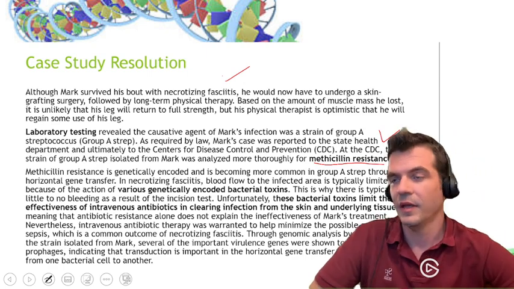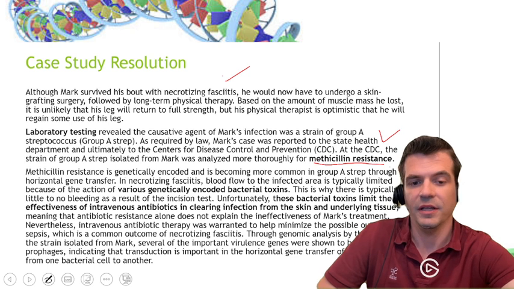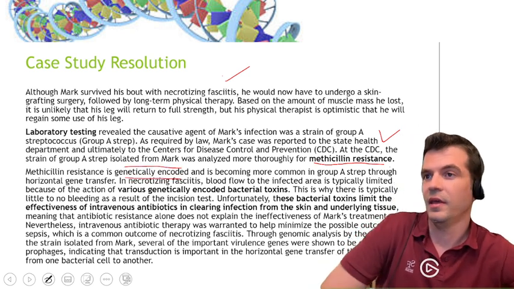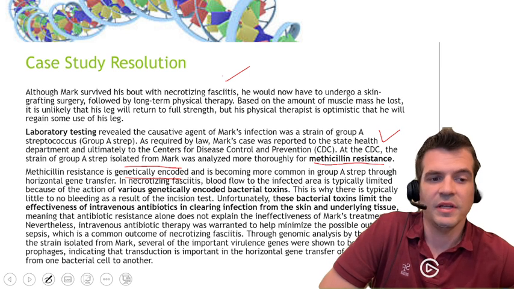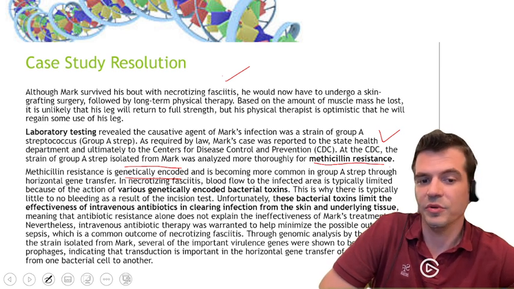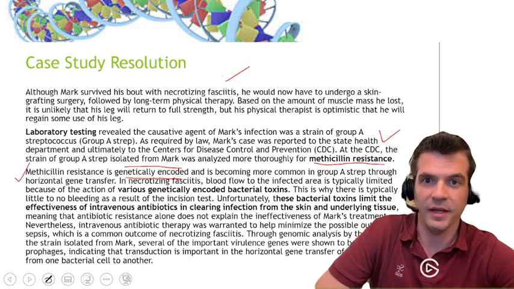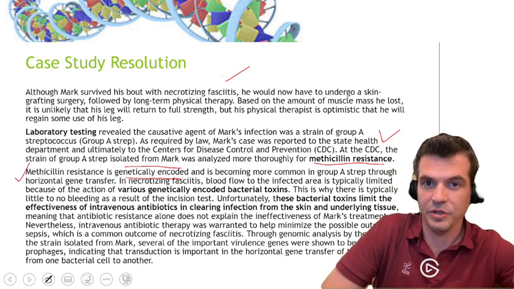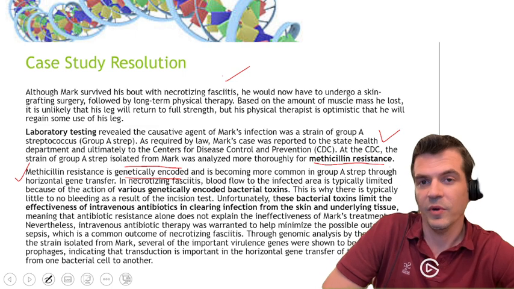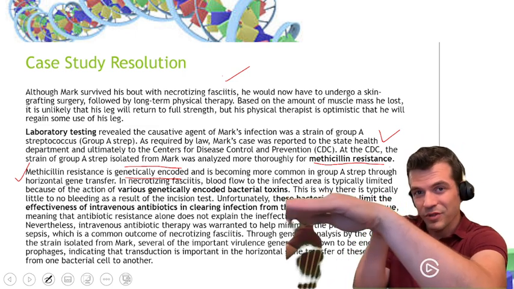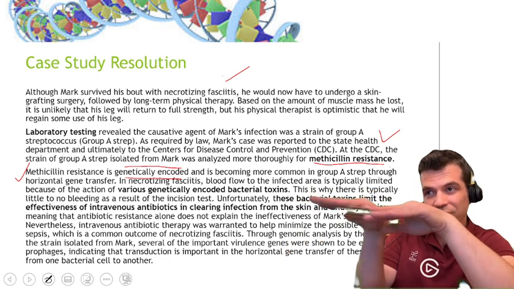Okay? So methicillin resistance is genetically encoded. This is why we're learning about it. We're going to learn about that later in the chapter, all the way down, where literally you can imagine them just horizontally transferring the genes between two cells.